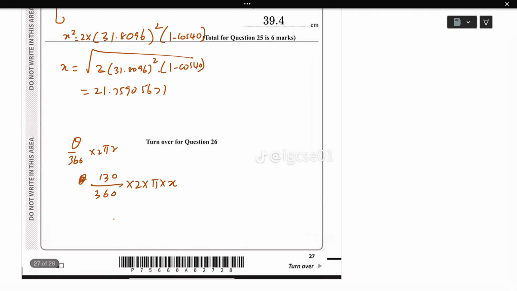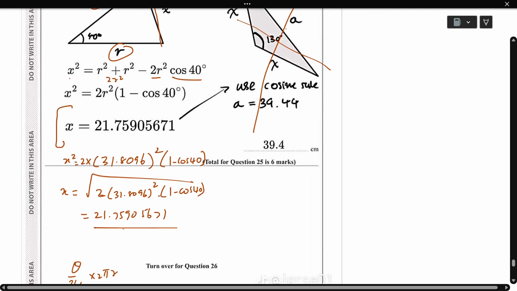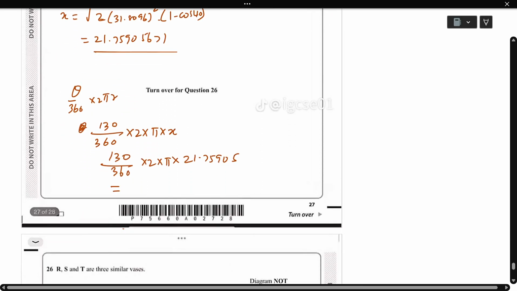This x value we already know, just did it, which is 21.75905. When you do it, we'll get the answer 49.3696.